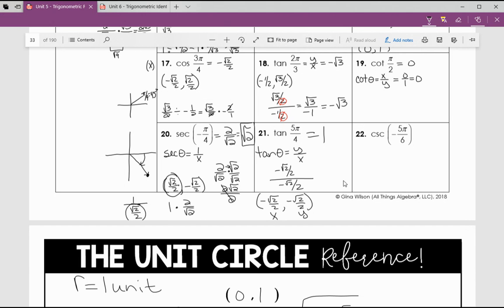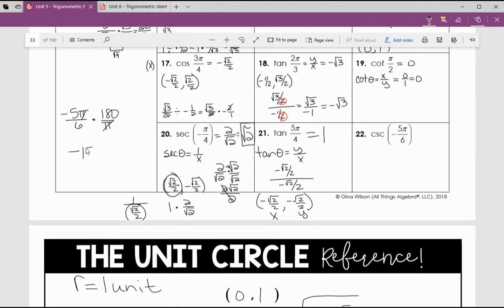All right. So, negative 5 pi over 6. One thing I want to remind you, you did this yesterday for me. If you don't want to go around the circle and figure out where positive 5 pi over 6 is and then figure out where negative is, you can always take your negative 5 pi over 6 and multiply it by 180 over pi, just like we did yesterday.